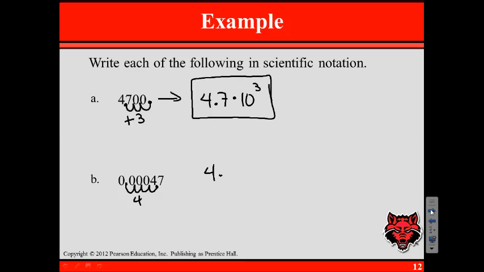So in this example, we also have 4.7 times 10, and we need to decide if that 4 is going to be a positive exponent or a negative exponent. If we start with a really small number and we make it larger, we would say that is a negative value. So negative 4 will be our exponent.